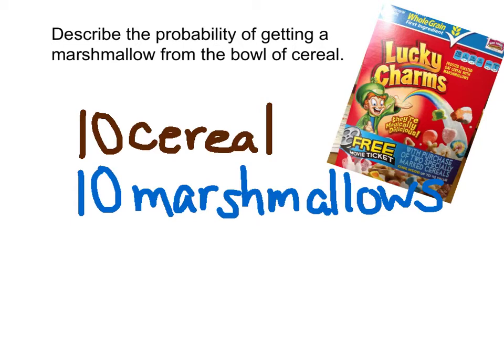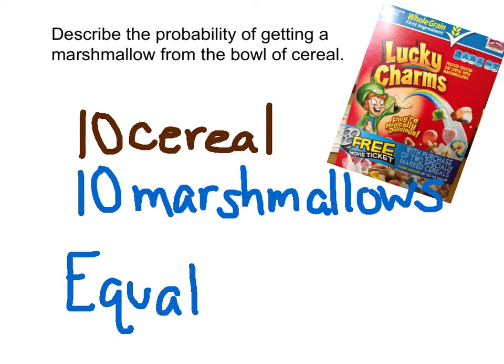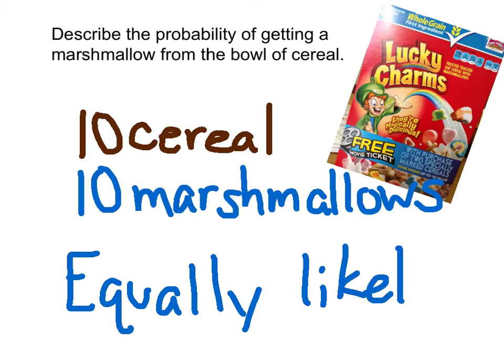So think about it and talk about it as a group. And hopefully you should find out that they are equally likely because we have the same amount of cereal and the same amount of marshmallows. You would be equally likely to draw a marshmallow as you would a piece of cereal.